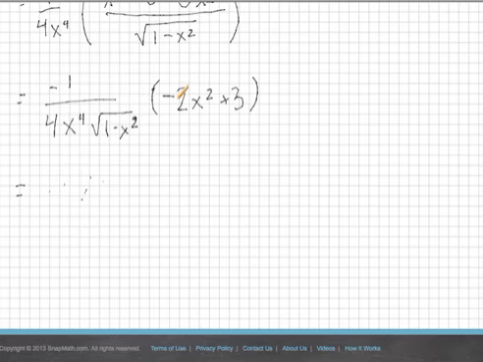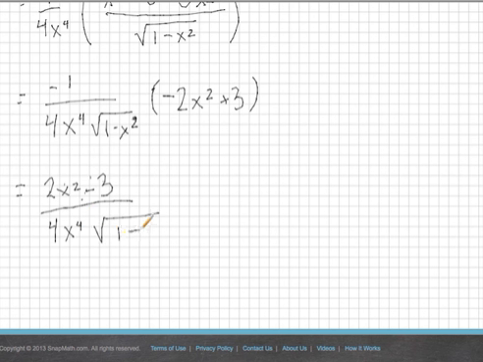So canceling these out, this is going to become positive, and this is going to become negative. So we will have 2x squared minus 3, and then the denominator will just stay the same, with 4x to the 4th times the square root of 1 minus x squared. And that should be your final answer.